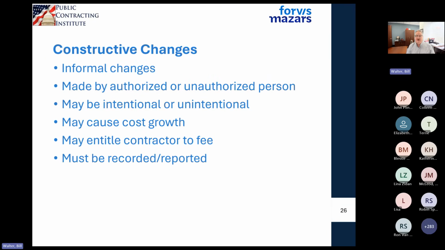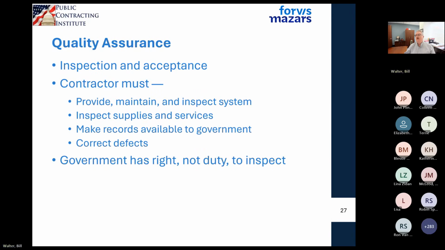Oftentimes they can be unintentional. If it does cause a cost growth, then the contractor should be able to get those costs covered if you follow all the rules. And you may actually be entitled to fee on that. But whatever you do, if it's a constructive change, your changes clause says, hey, you have to notify the customer.